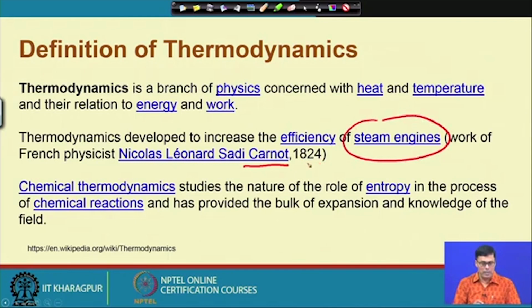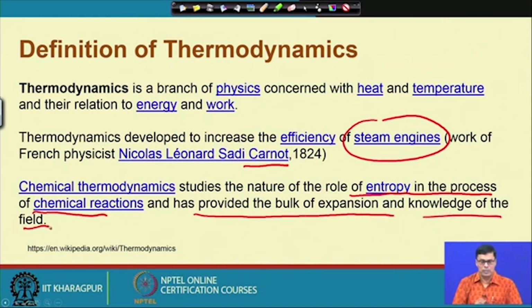But here we are interested mostly in chemical thermodynamics. Chemical thermodynamics studies the role of entropy in the process of chemical reaction. So, we will discuss how entropy affects the chemical reaction, and also some Gibbs free energy changes that affect the chemical reaction.